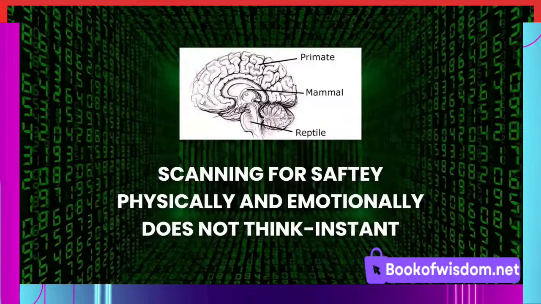They want you constantly scanning for safety, scanning for food, scanning for emotional safety in relationships and other people. You see, they do not want you to think. They want you stuck in that reptile, that animal state, that beastly state that most people are in.